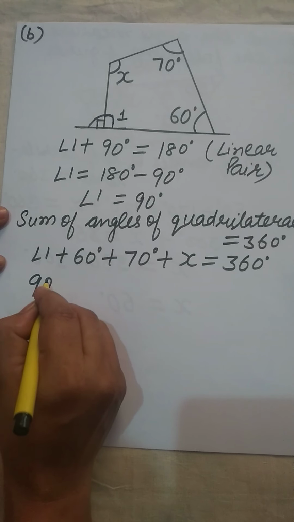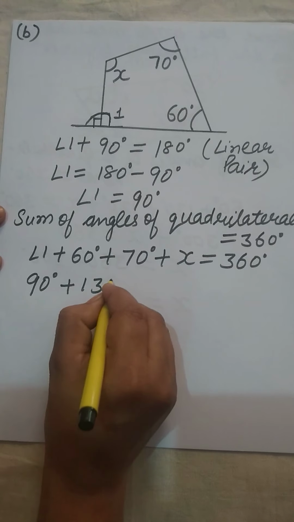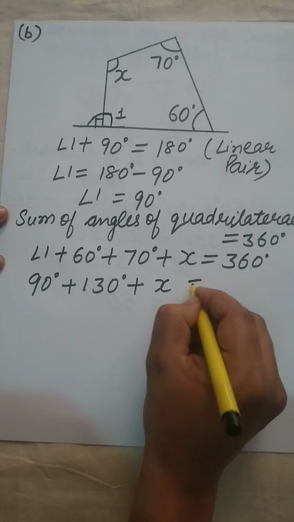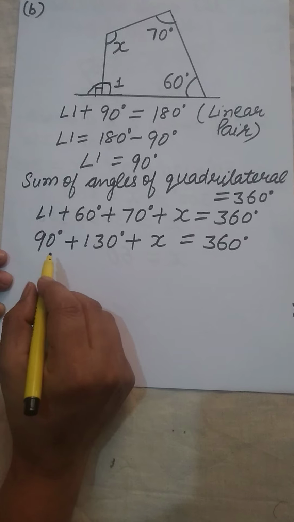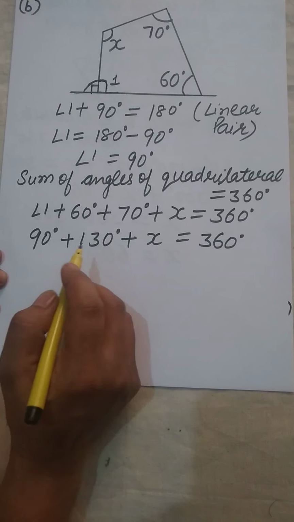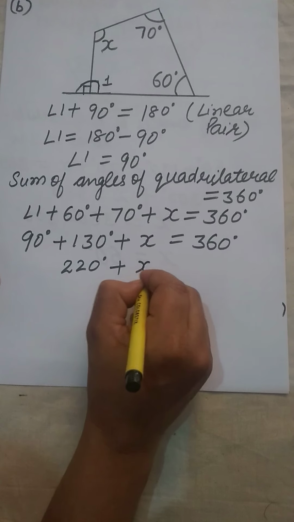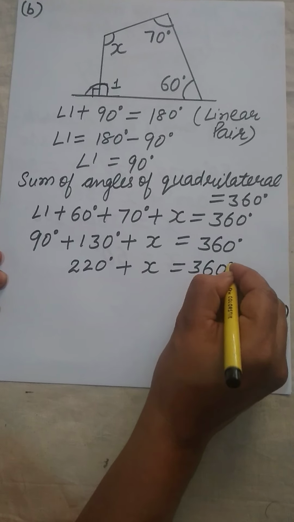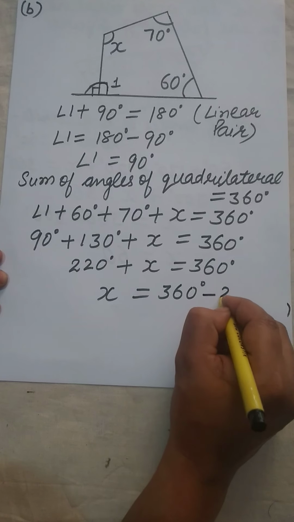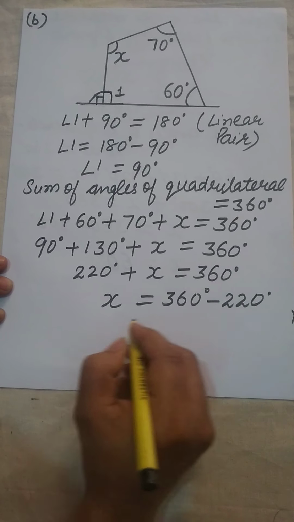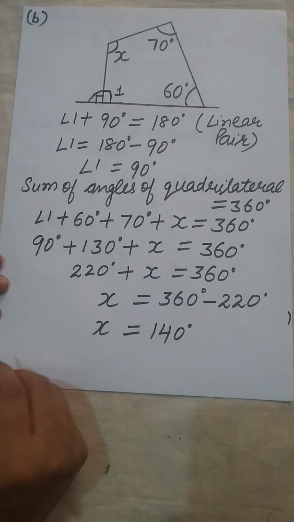Angle 1 is 90 degree plus 60 plus 70 degree is 130 degree plus x is equal to 360 degree. 90 degree plus 130 degree is 220 degree plus x is equal to 360 degree, or x is equal to 360 degree minus 220 degree, and the value of x is equal to 140 degree.